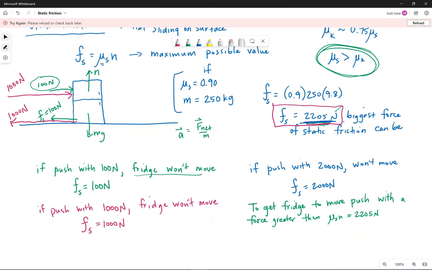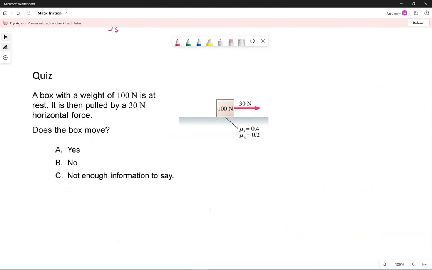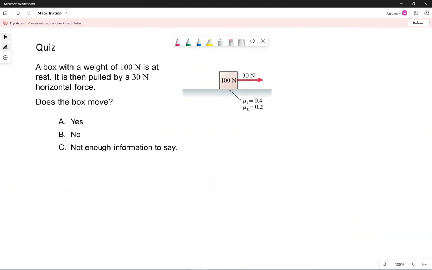So for example, pause the video, read through this question and determine what you think the answer is, and then watch the solution.